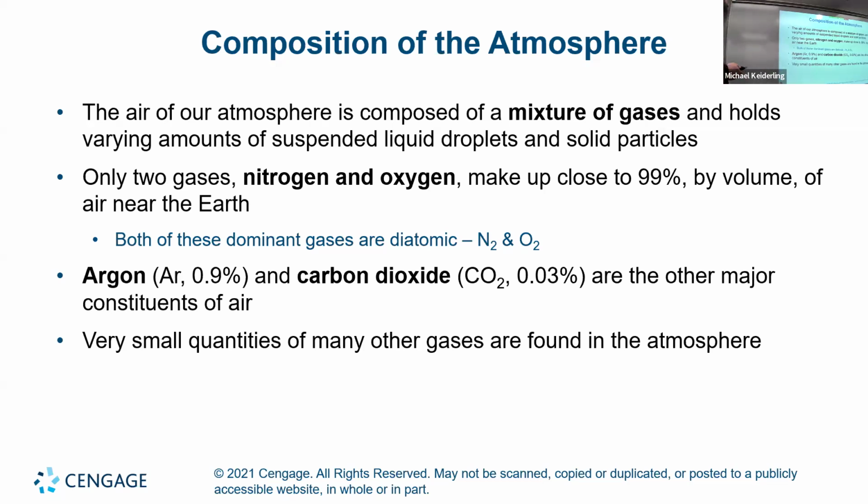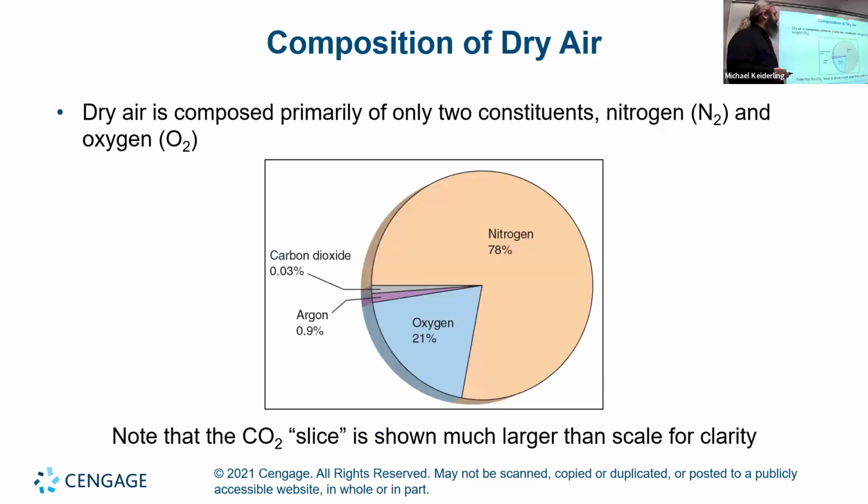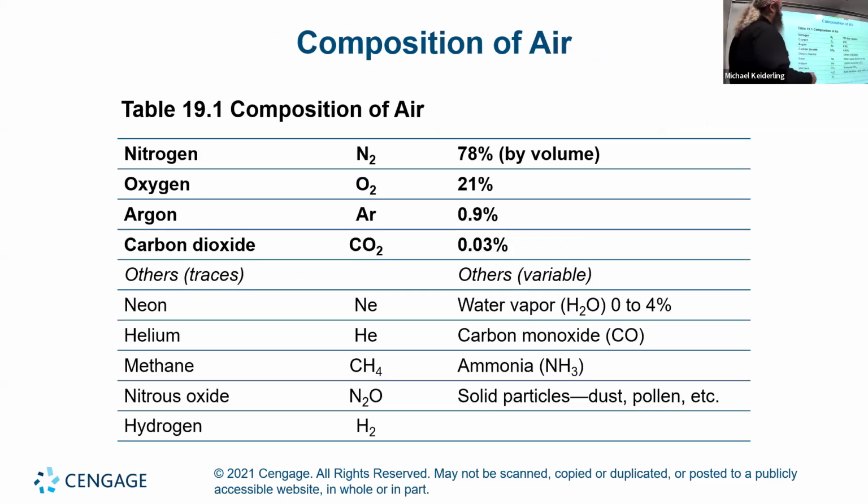And these are the other major constituents of air. And very small quantities of many other gases are found in the atmosphere. So nitrogen is about 78%, oxygen is about 21%, argon is 0.9%, carbon dioxide is 0.03%, and then there's a small amount of other stuff.